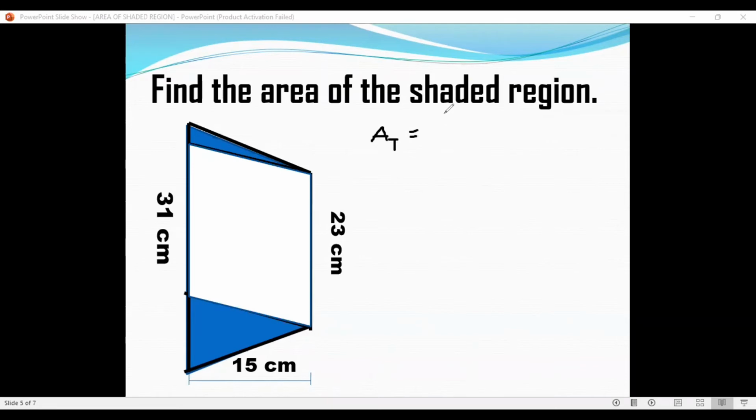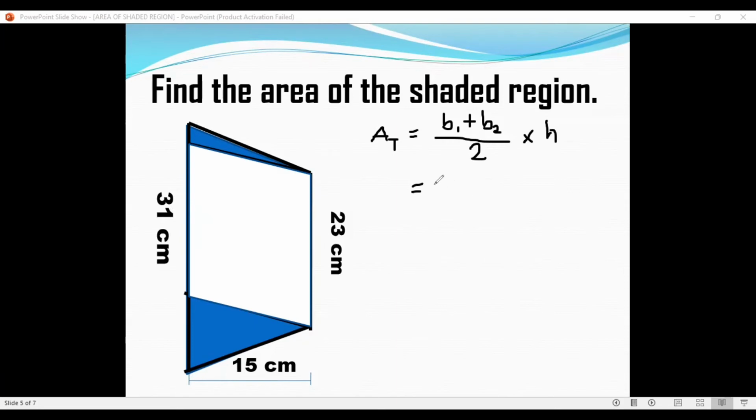Now, for this, you have to take note that it's base 1 plus base 2. Then you have to divide that by 2, then multiply by the height. So it's important in determining the base 1, base 2, and the height of your trapezoid, because if you interchange these three given, there will already be automatically a mistake in the result.